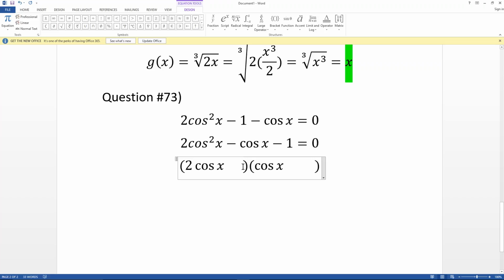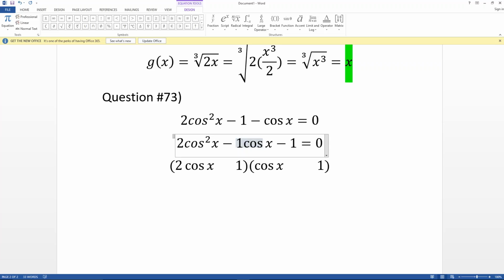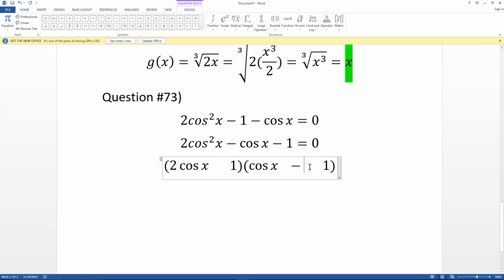How can you get 1 when you multiply numbers? 1 times 1. What are you trying to get here? A negative cosine and a negative 1. There's a 1 right there that you don't see. So that only happens if this right here is a negative, because what's 2 times negative 1? Negative 2.